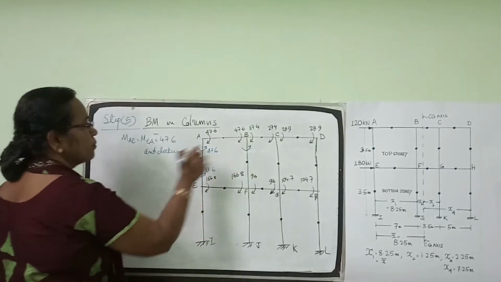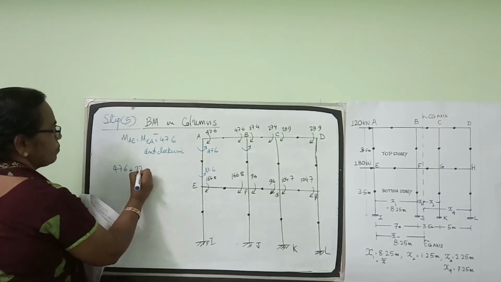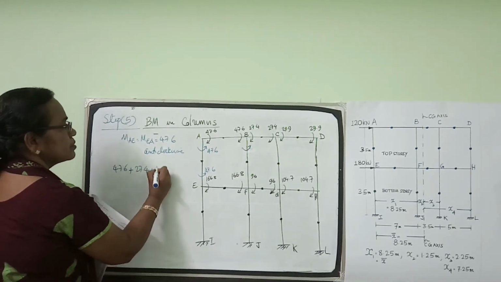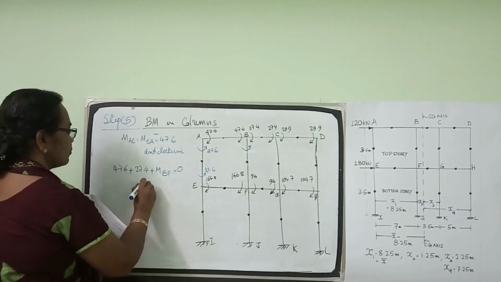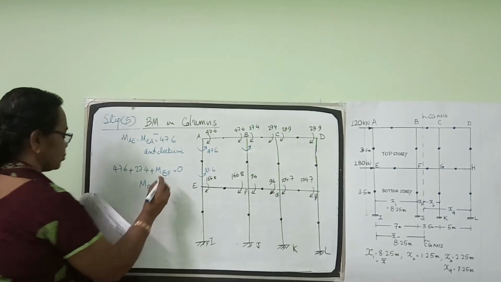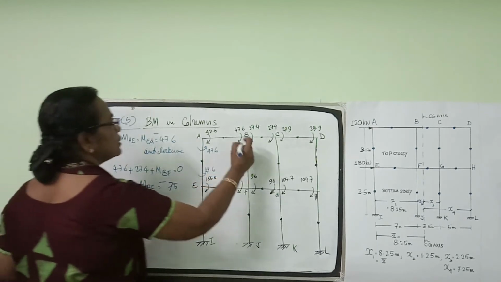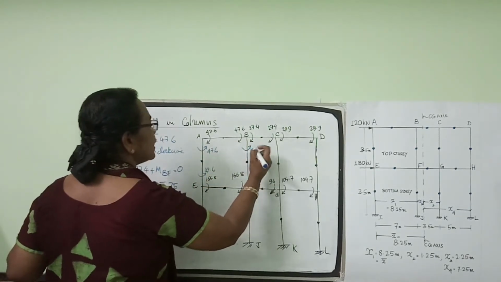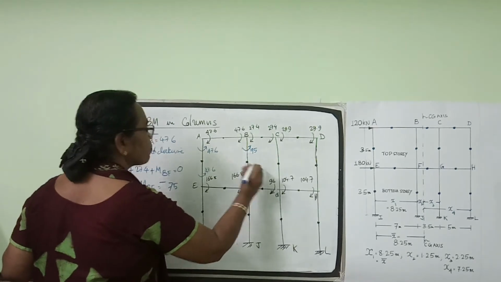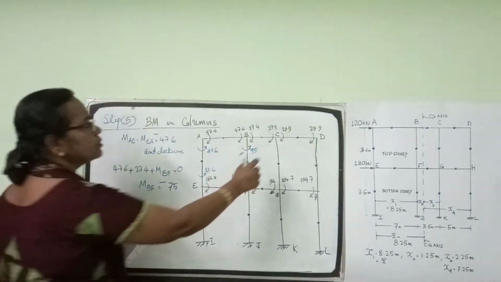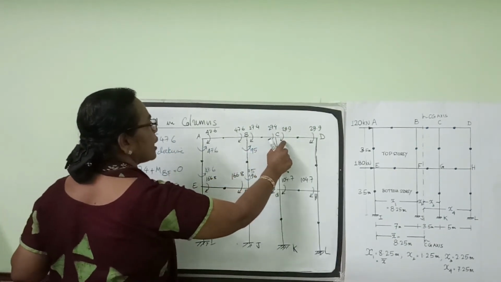Coming to joint B, 47.6 clockwise moment, 27.4 clockwise moment, plus moment MBF is equal to 0. From that we get MBF is equal to minus 75. That means this moment is 75 kN anti-clockwise. That will be the same here also. At this end it should be 75. Similarly, coming to joint C, 27.4 clockwise, 29.9 clockwise.